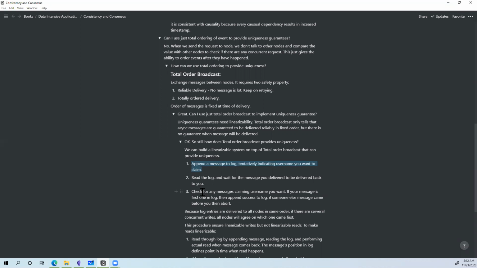Yeah, I don't exactly know how this total order broadcast is implemented. I don't know if it will just get back one response or if every node will respond. Does anyone else know?